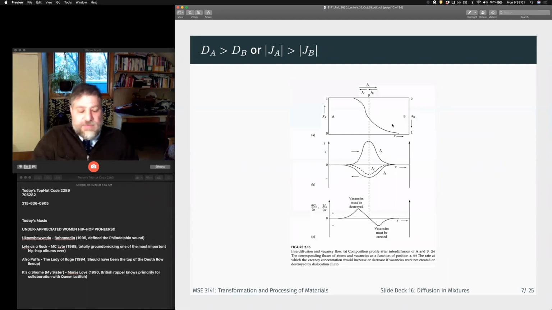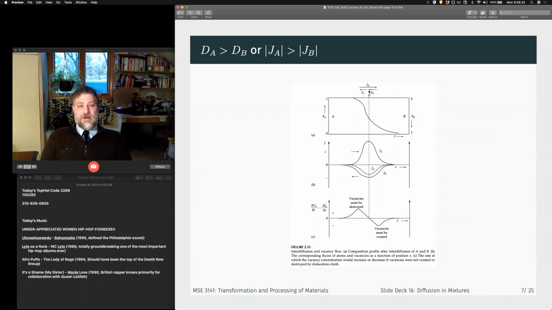So conceptually, this might seem a little crazy. But if we look here, if we have our interface plane, and I have the net migration of A going this way, and the net migration of B going this way, and they don't balance, I also have to have vacancies going this way because my A is going faster.